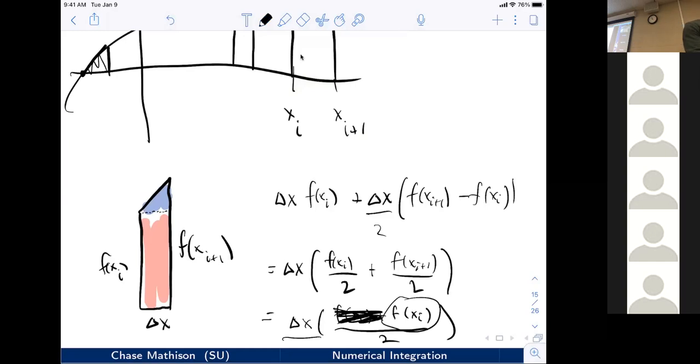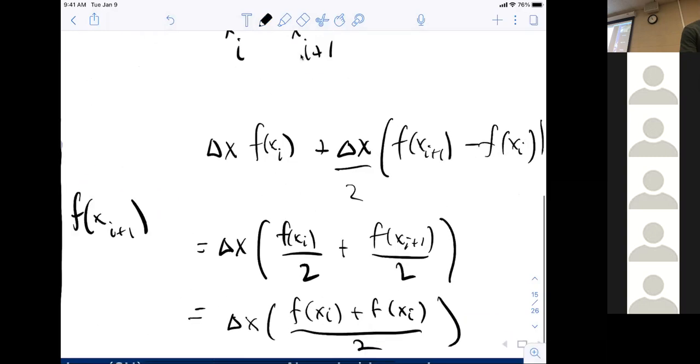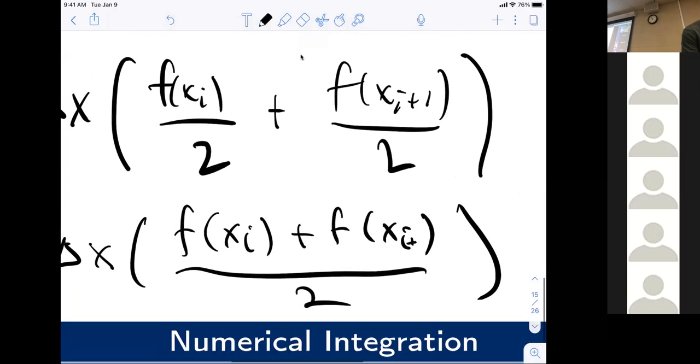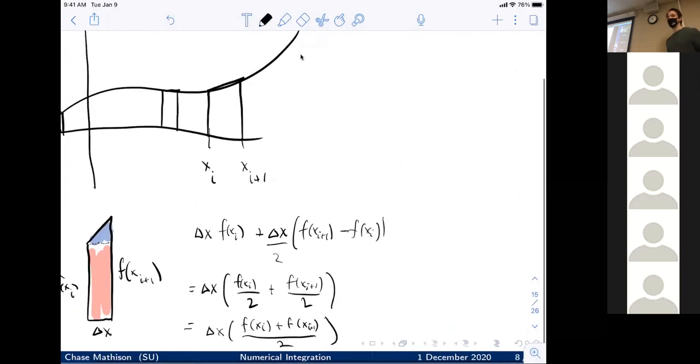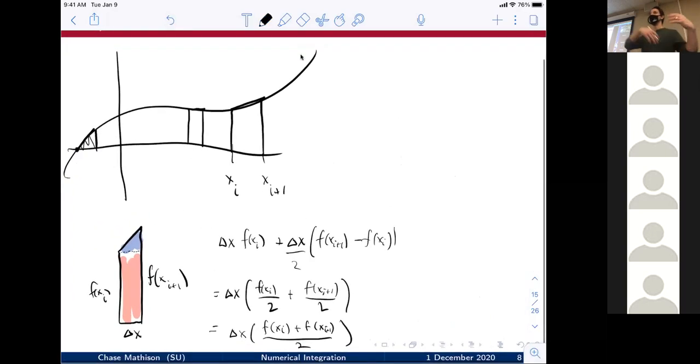So there's no need for us to make any special distinction. Oh, sorry, this should be an xi plus 1. My bad. There's no need for us to make any special distinction when we're writing out our work with the trapezoid rule as far as, is this really a trapezoid or is it really a triangle? There's no need for us to worry about that because it's taken care of in this formula.